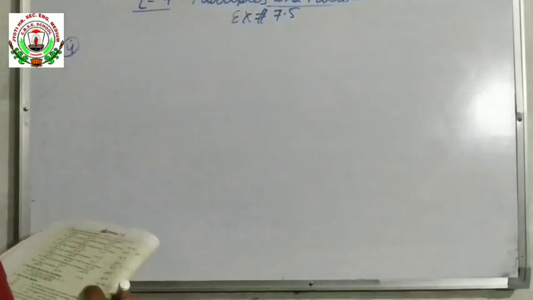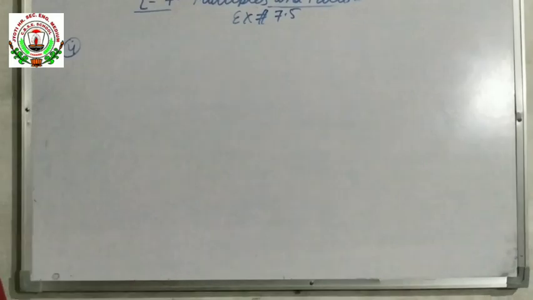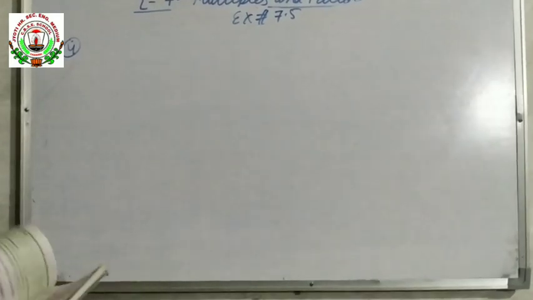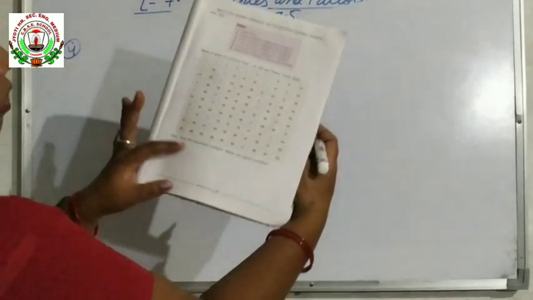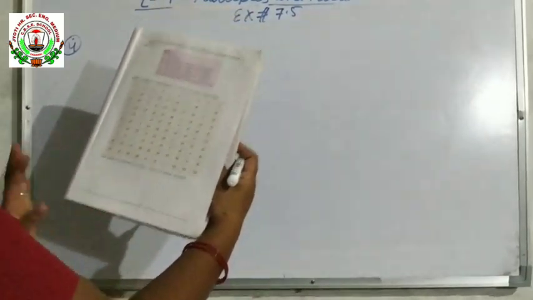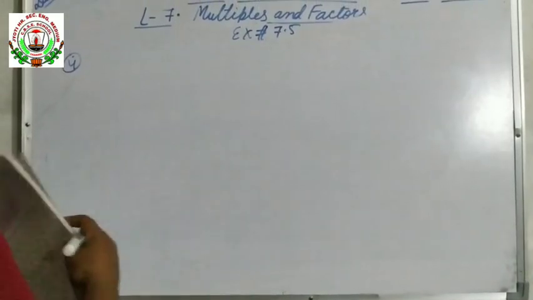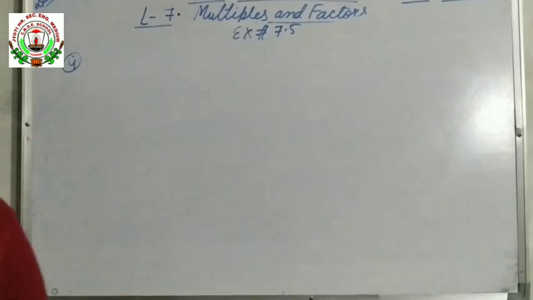Write all the prime numbers between 1 and 100. So children, for this answer you can see this table. It is given on page number 65. You will see this table and write the correct answer.